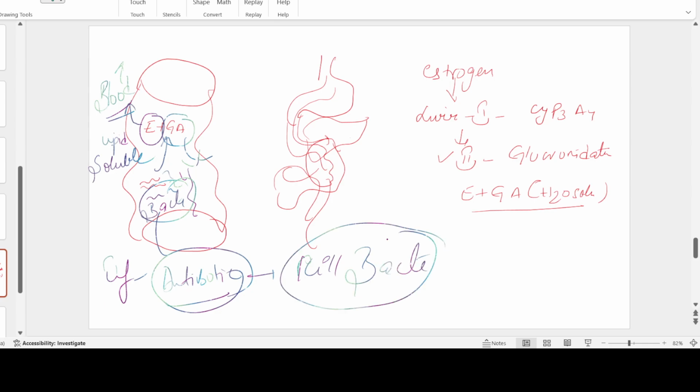Once the antibiotics kill the bacteria, there is no separation of estrogen from the glucuronide. So there is no absorption of estrogen into the blood, and it leads to OCP failure. That's the basic point we need to understand: at the end, it decreases the normal therapeutic function of OCPs.